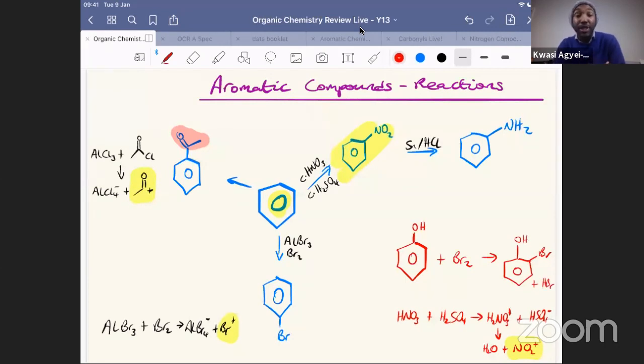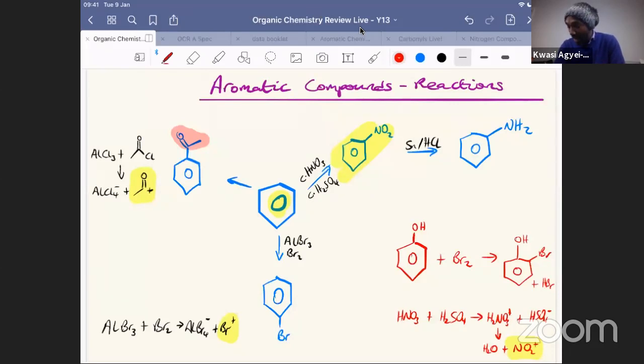And there is no need for a halogen carrier catalyst. And remember that this is because the pi electron density in phenol is richer than you would find in benzene. The lone pair on the oxygen of the OH group will delocalize into the pi electron system of benzene, making it more electron rich, and that means that it is a better nucleophile and can attack our Br2 molecule.